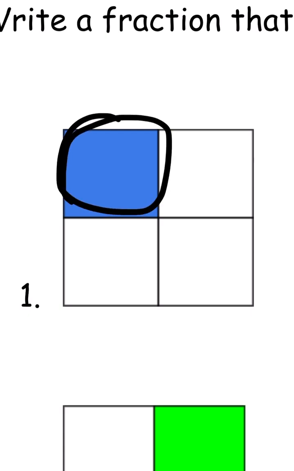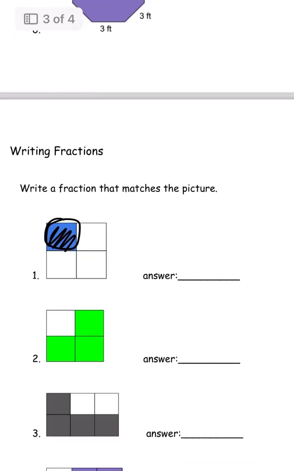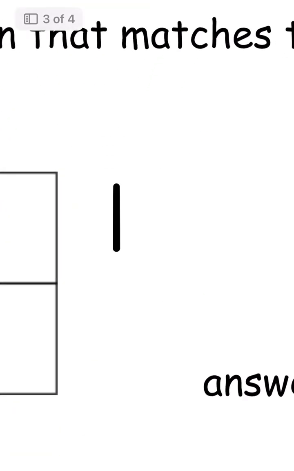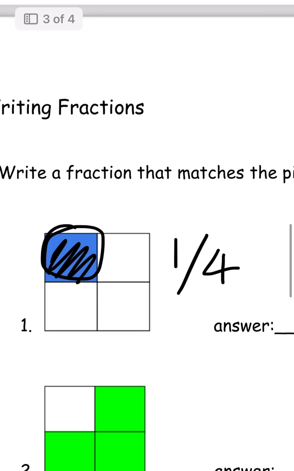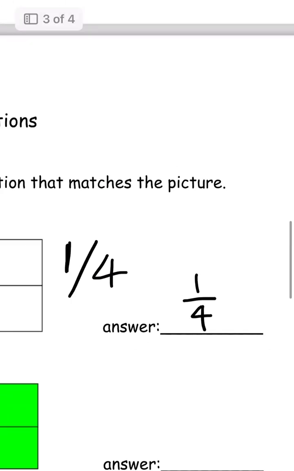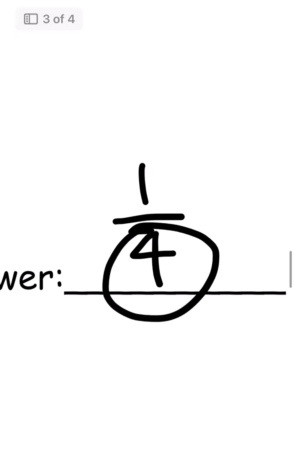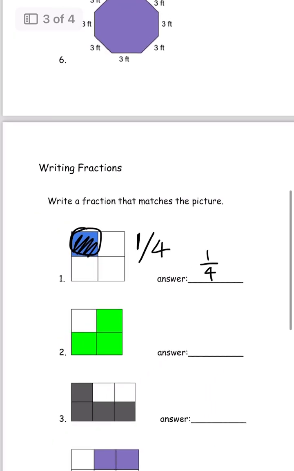So there are 4 total, but there's only one that's shaded. So it's going to be 1 over 4 because there are 4 totals, but you only have 1 shaded. So the fraction is going to be 1/4.